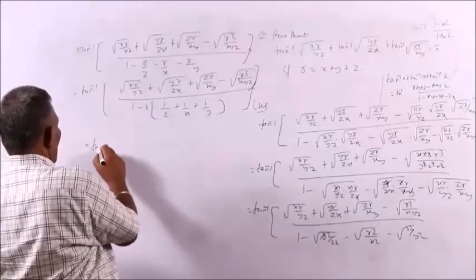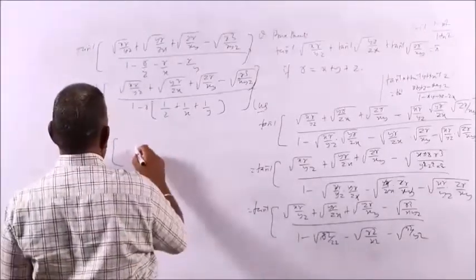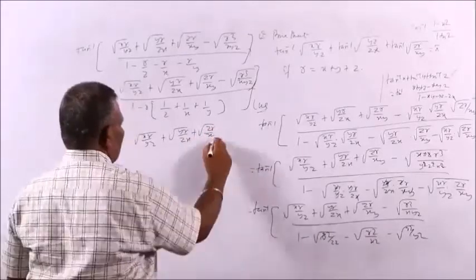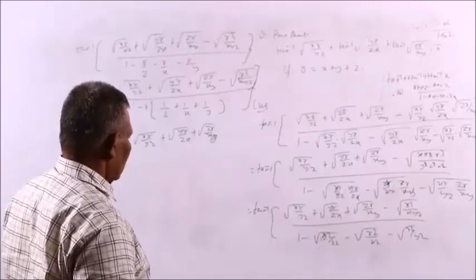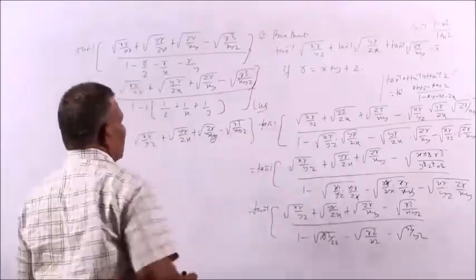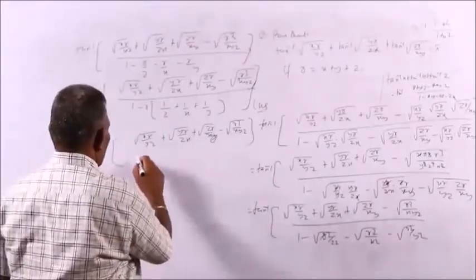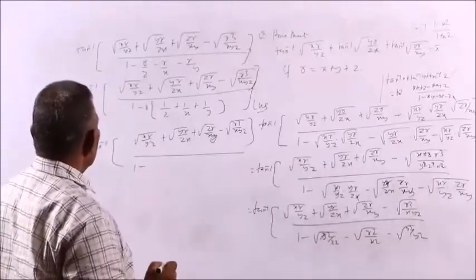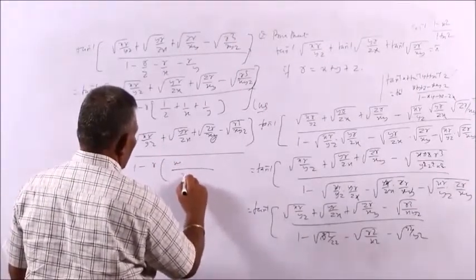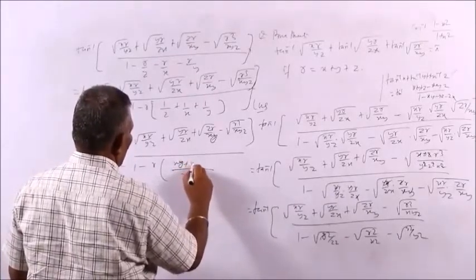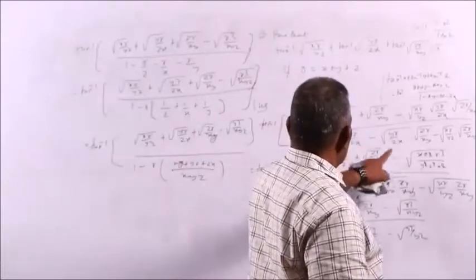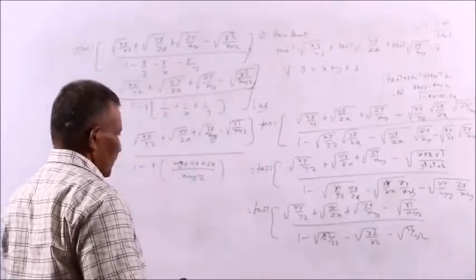That is tan inverse of root over of xr by yz plus root over of yr by zx plus root over of zr by xy minus root over of r cube by xyz, whole divided by 1 minus r into xy plus yz plus zx over xyz.